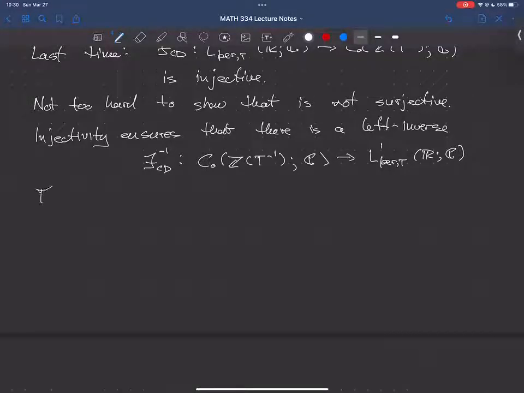Being a left inverse exactly means that when I apply it to the left on CDFT of f, I get f back. So what we're interested in today is, is there a way of writing down what this left inverse is?